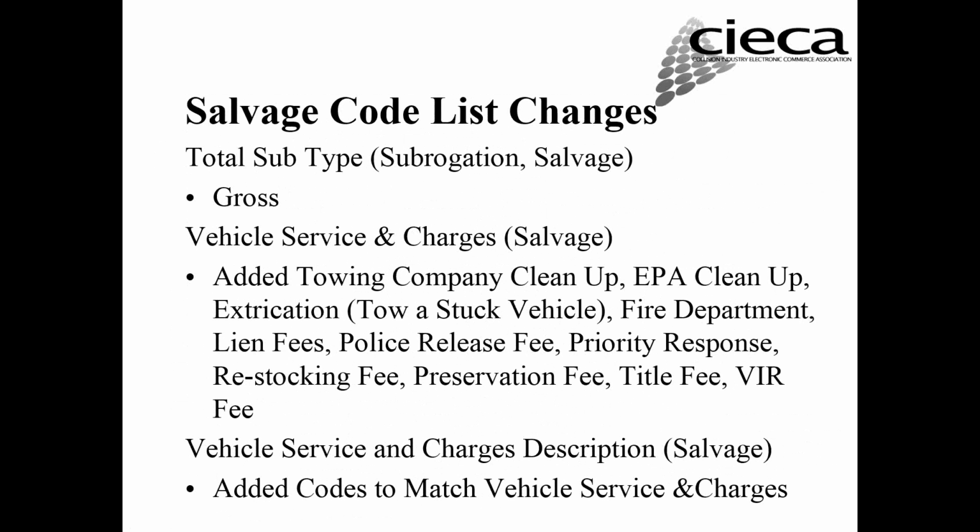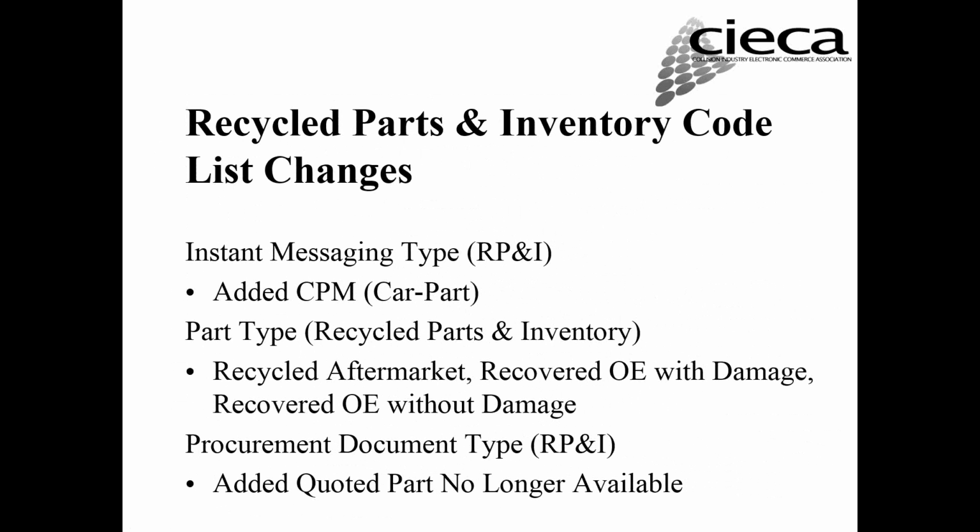Vehicle service and charges description added codes to match that other list. The code list changes for recycled parts and inventory were to add an instant messaging type, added CPM. Part types, we added recycled aftermarket, recovered OE with damage, and recovered OE without damage. And for procurement document type, we added quoted parts no longer available.